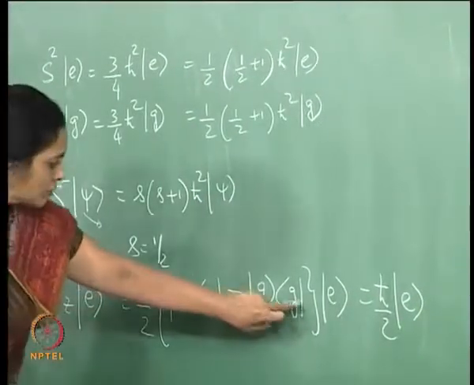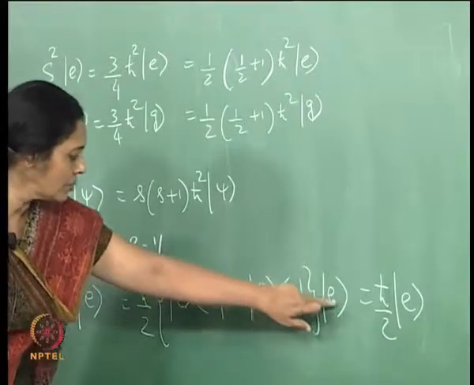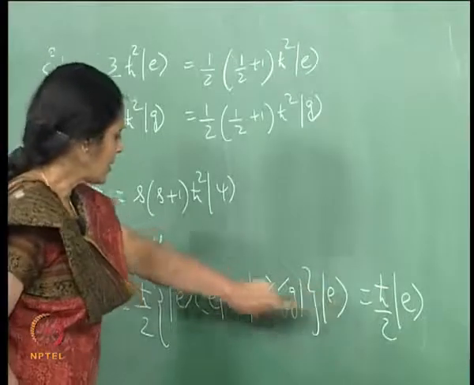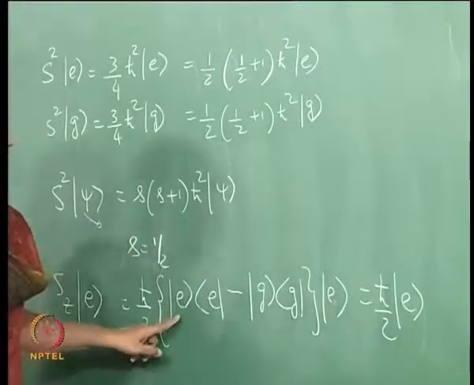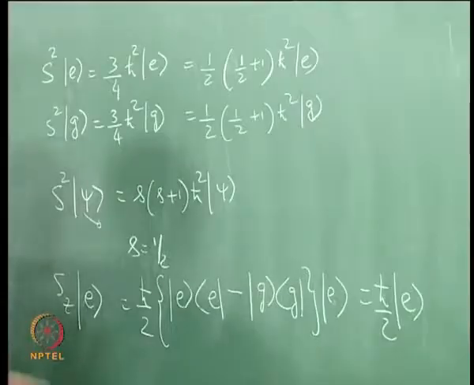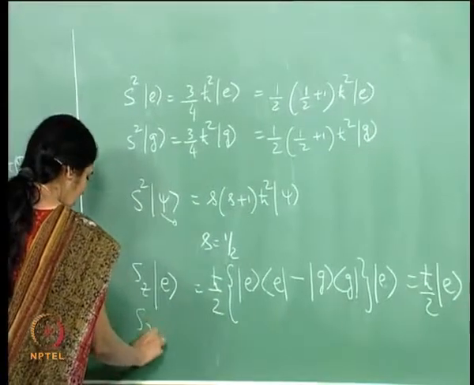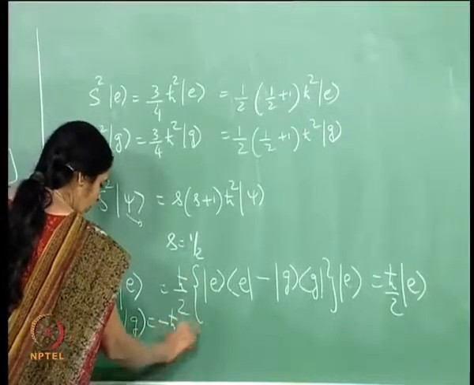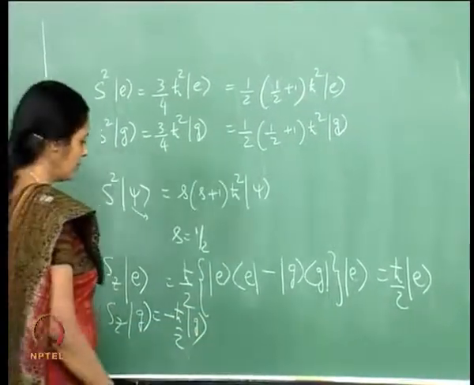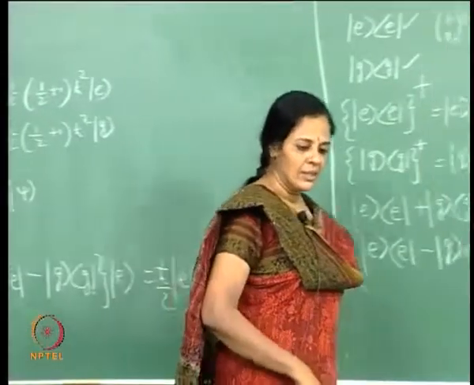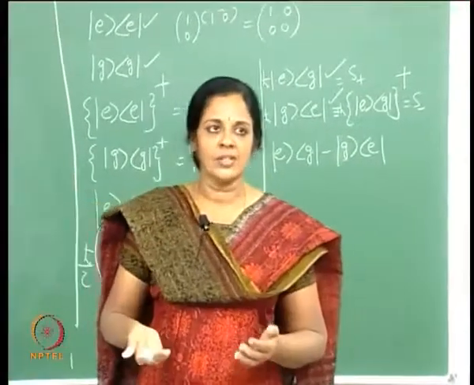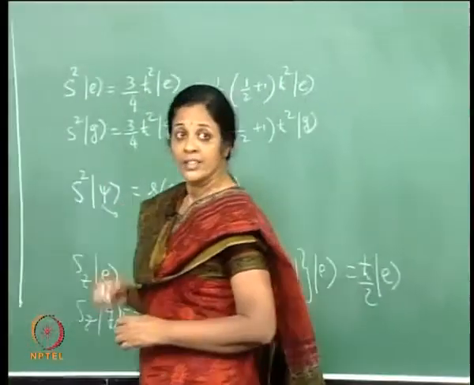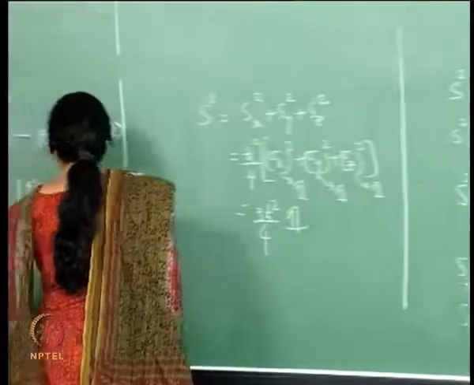There is no contribution from this term because this inner product is 0, whereas from this term one realizes that that inner product is 1, leaving behind ket e. I can do Sz acting on ket g, and that is just going to give me minus ħ by 2 ket g. I therefore realize that the two basis states in question, ket e and ket g, are common eigenstates of S squared and Sz.